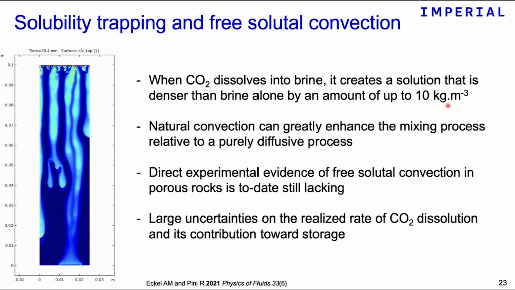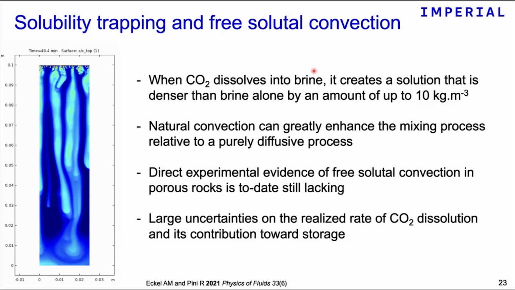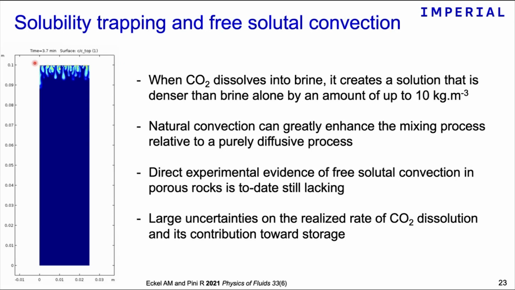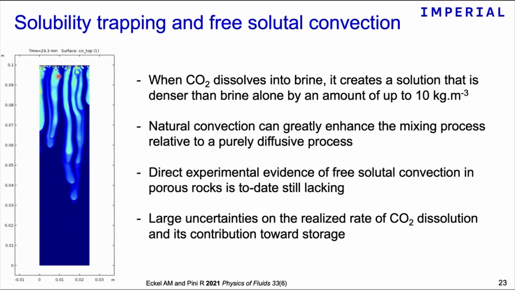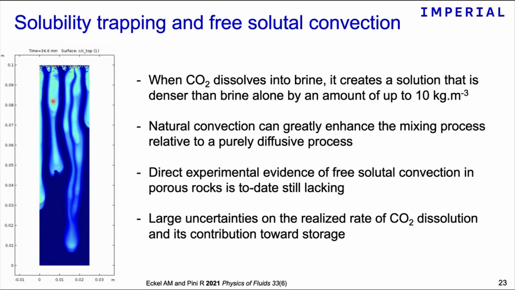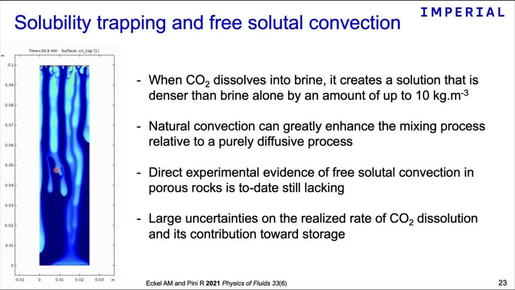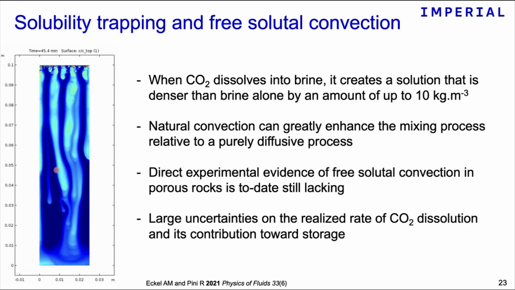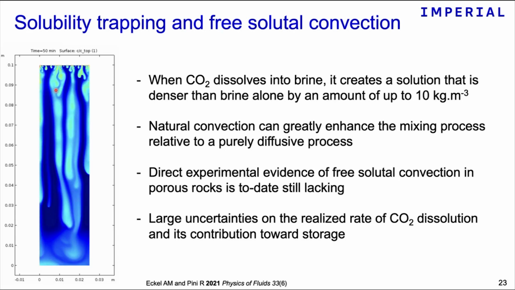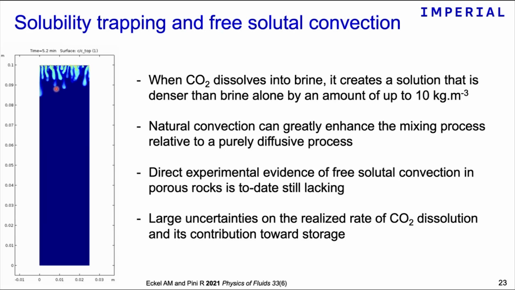And this might seem insignificant, but this change in density is sufficient to create an instability, because now you will have a denser solution on top of a lighter solution, which will start these characteristic convective currents of CO₂-rich brine moving downwards into the reservoir. So this is obviously good news. We like for the CO₂ to go downwards as opposed to going upwards.